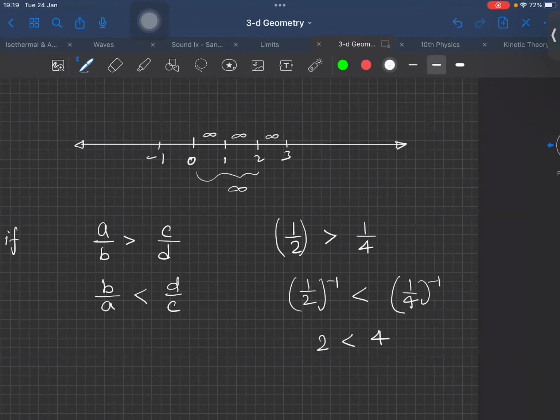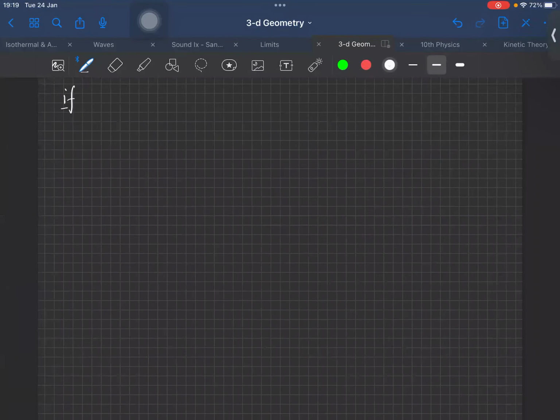Another one is while taking a negative sign. Let's say -1 is greater than -2. If you multiply both sides by -1, the symbol will change again.